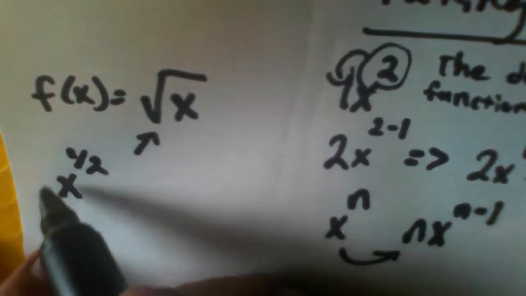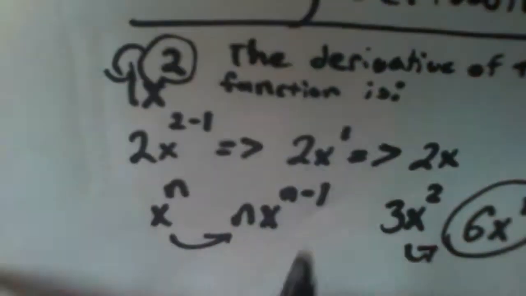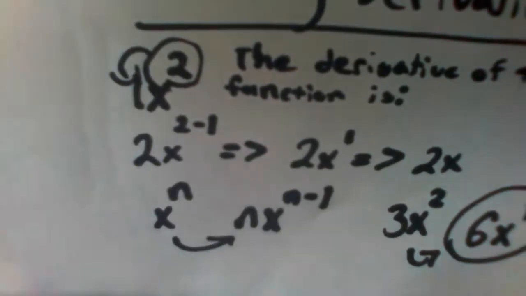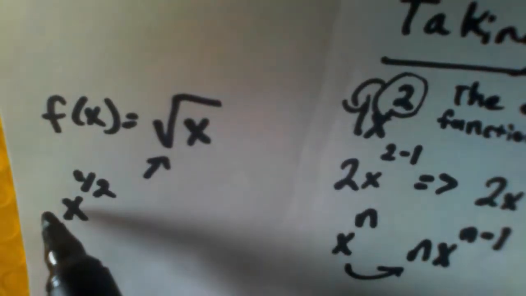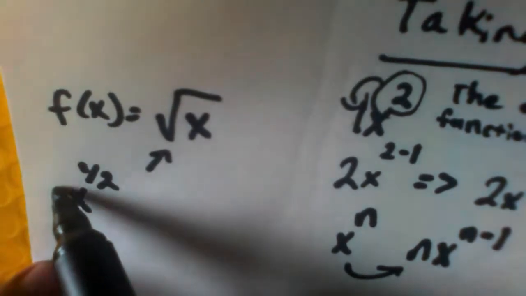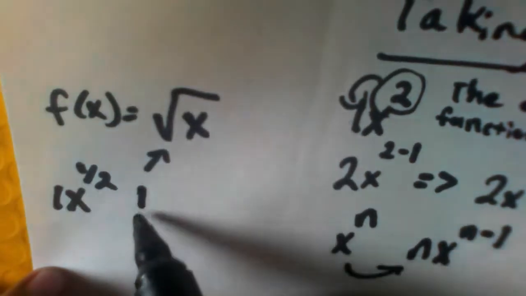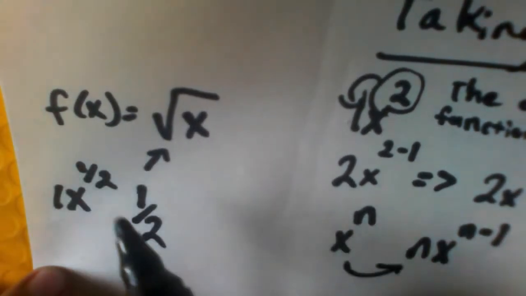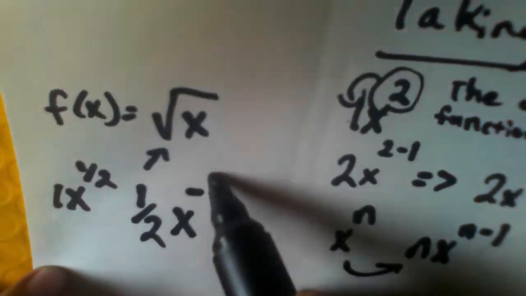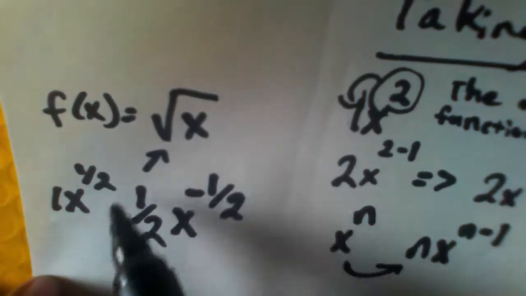Right, so now we have a function x to the 1/2 power, and we just follow the same rule we were following right here. We would get 1/2 times the exponent and times the coefficient, which is 1, so 1/2 times 1, that just gives us 1/2, then subtract 1 from the 1/2, and we get x to the minus 1/2 power. Okay, so this is the derivative.